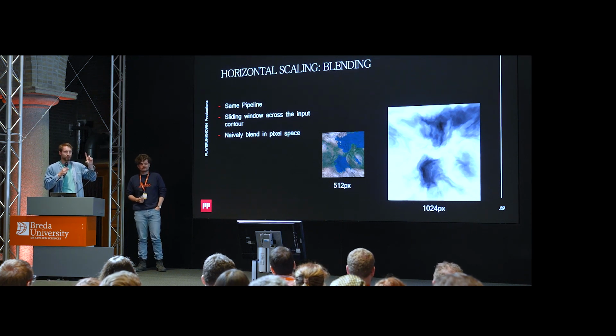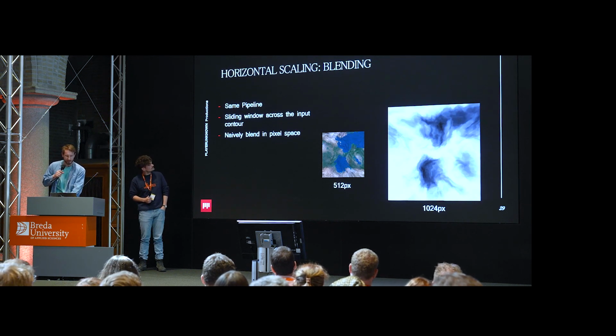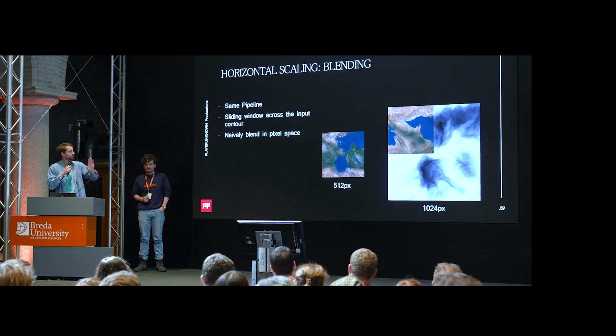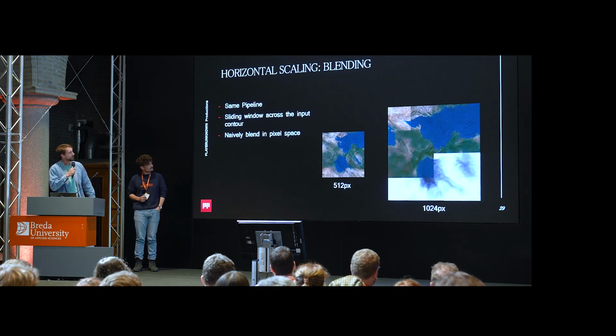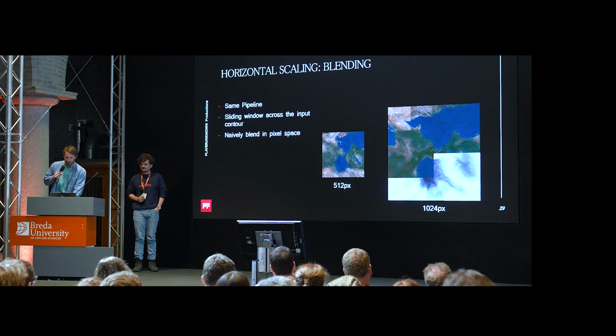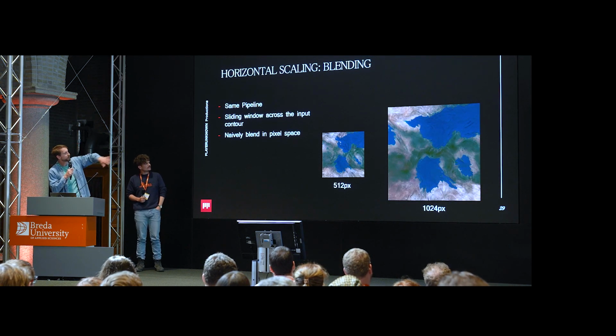Our machine learning models have a fixed output resolution because we train them, so they can only output 512. But we can use the same pipeline and do a sliding window across a larger input contour. And as you can see, each one is related. There are some mistakes there, but with some naive blending, we can get much more consistency.